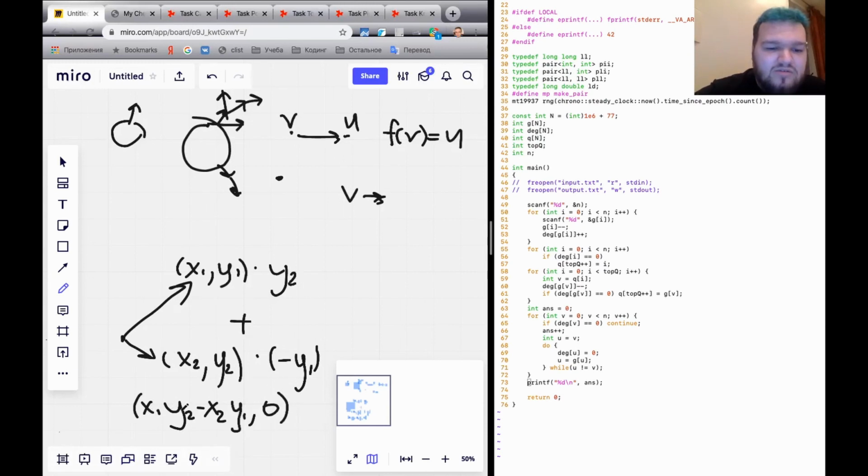So from this we can get that we can move horizontally.